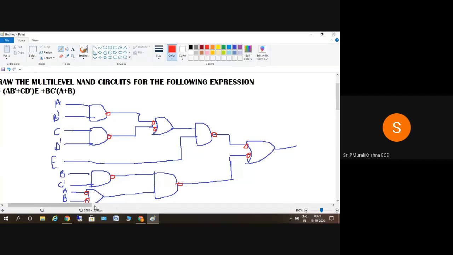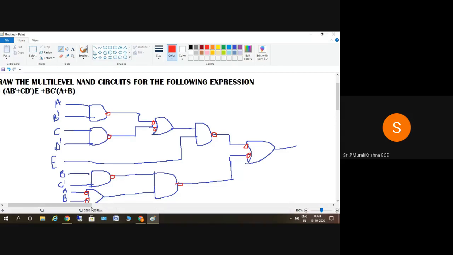Now what we have to do here? We have to check the bubbles in each row. We'll see whether an even number of bubbles is there, so that the bubbles compensate each other.